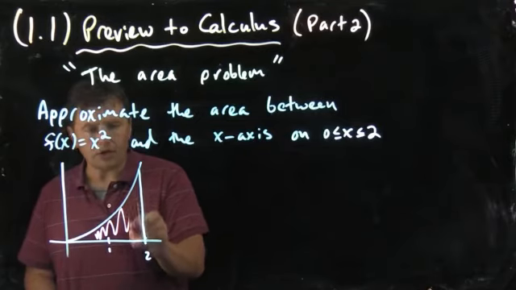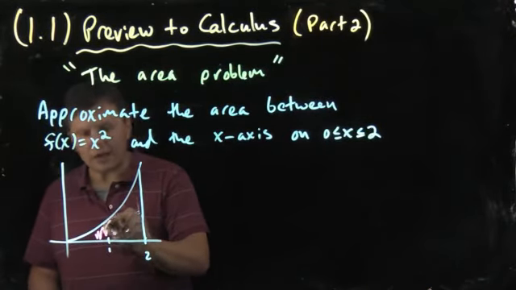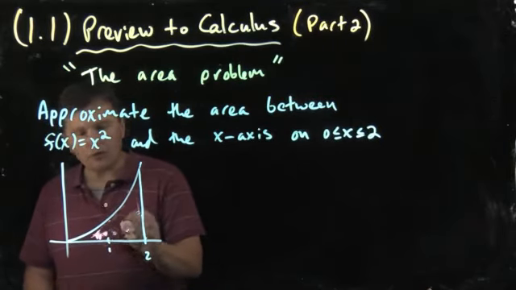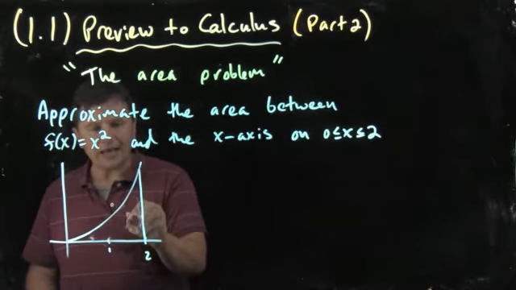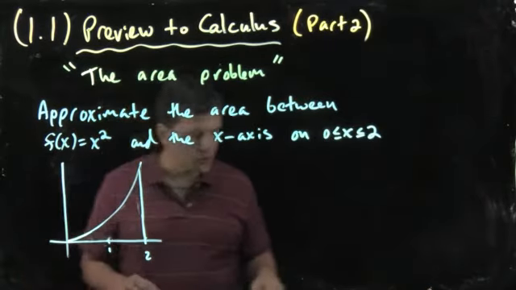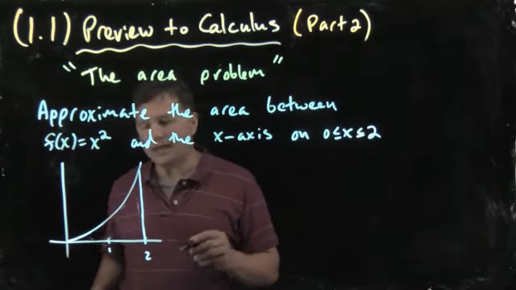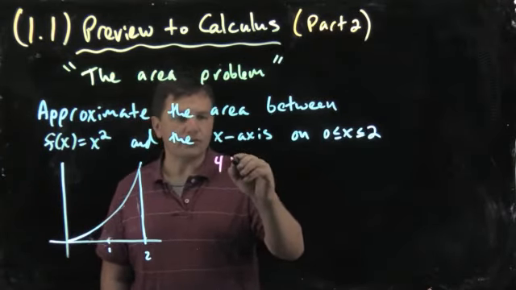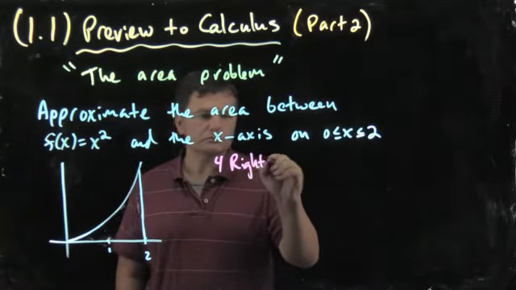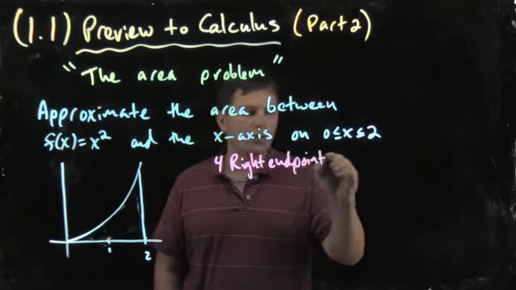That is not a method we'll be using, even though you might think you could get the curves better that way. There'll be basically two shapes we'll be using to approximate these areas: rectangles and trapezoids. So I'm going to start off by approximating this using 4 right-hand rectangles. Right endpoint rectangles.